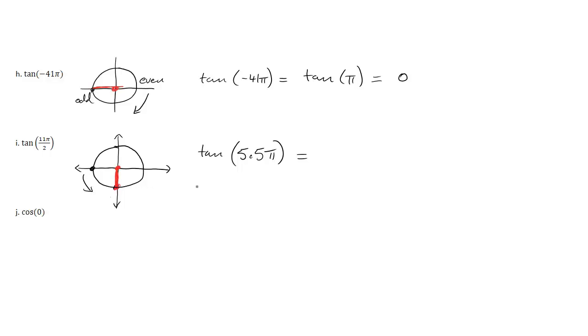So the gradient of that red line there is undefined. And it's undefined because it's infinitely just got rise and it has no run. So it's not defined. Okay? So tan, usually when it lands on the axis, can have two values. It can either be undefined or it can be 0.